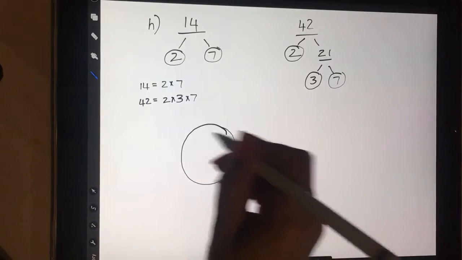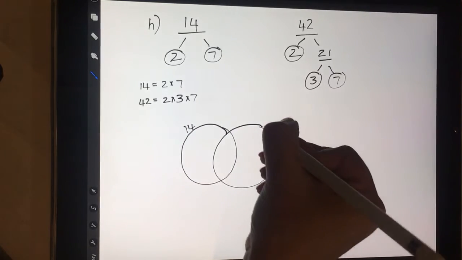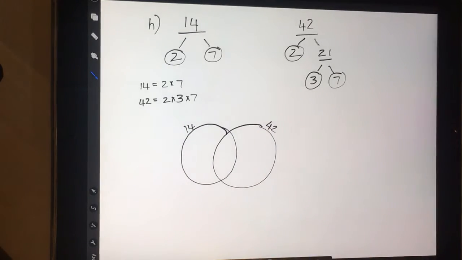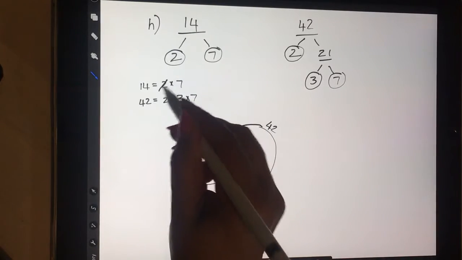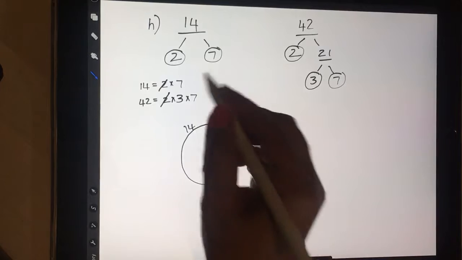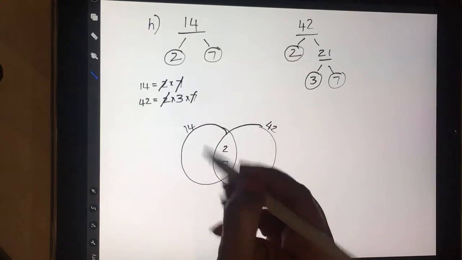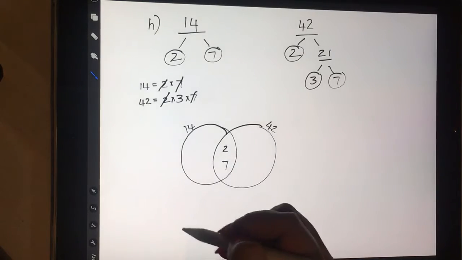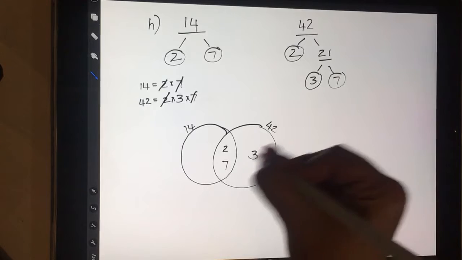Now we draw Venn diagrams, where this circle is representative of 14 and this one is 42. Look at the intersection. What numbers do they share? They share a 2 and they share a 7. 14 has got nothing left on the side, so we just leave it open, and for 42 we've got a 3 left over.